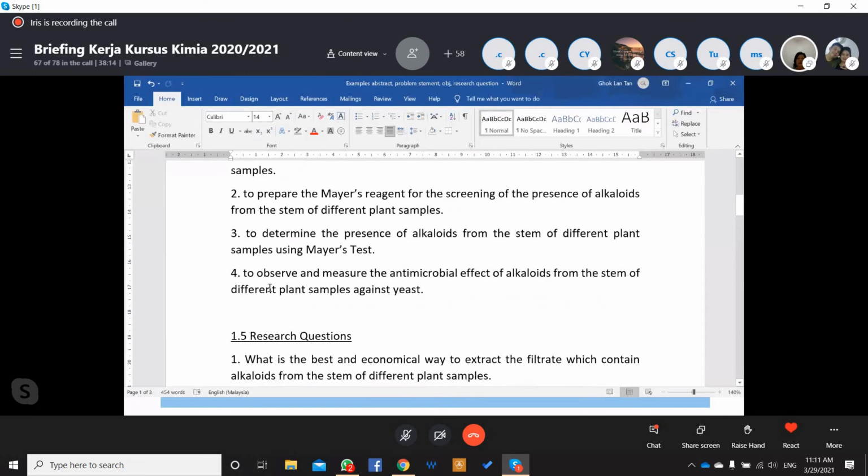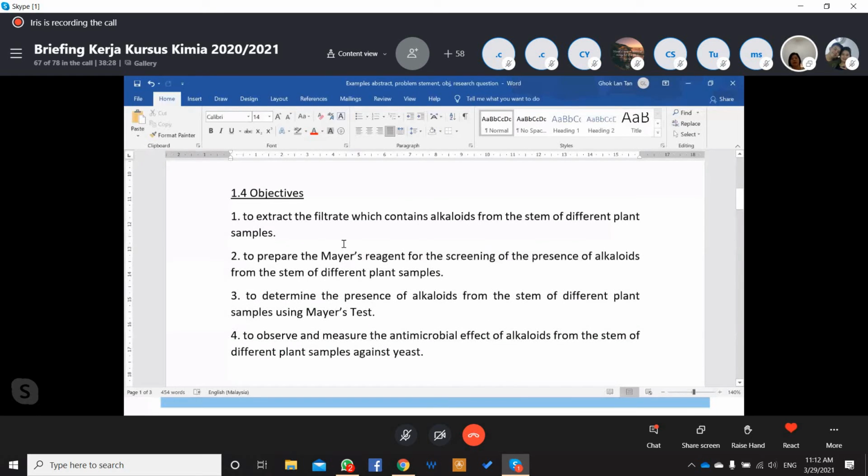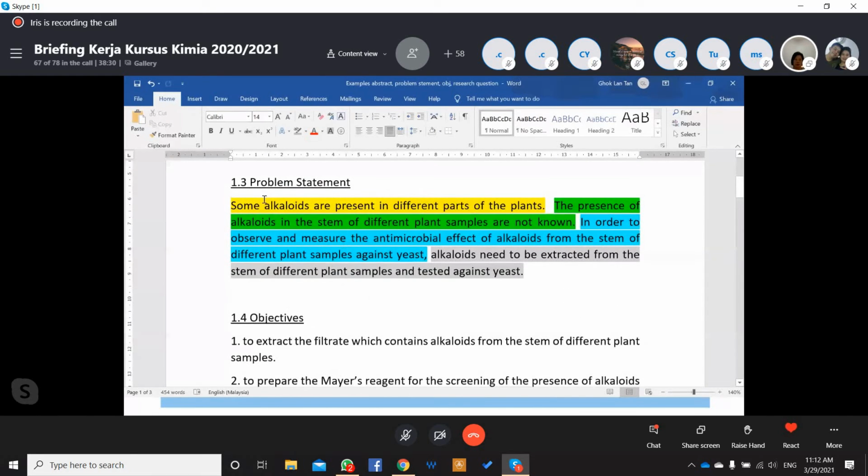And lastly, to observe and measure the antimicrobial effect of alkaloids kalau ada from the stem of different plant sample against the yeast. So jadi very clear. So this group will be like, okay, first I know ada plant at different parts, dia ada alkaloid.